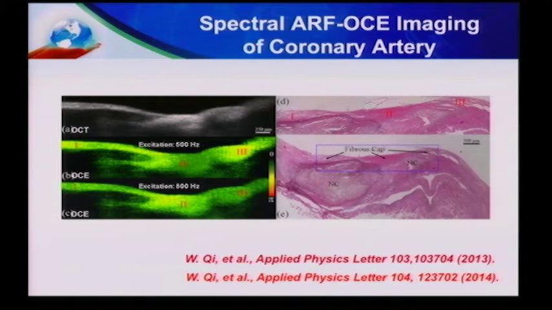But when I tune the excitation frequency to high frequency, you can see that the dense portion will highlight. So essentially, you can tune the excitation frequency to look at the particular property of the tissue that you are interested in. This is a very powerful technique to look at different types of tissue biomechanical property.